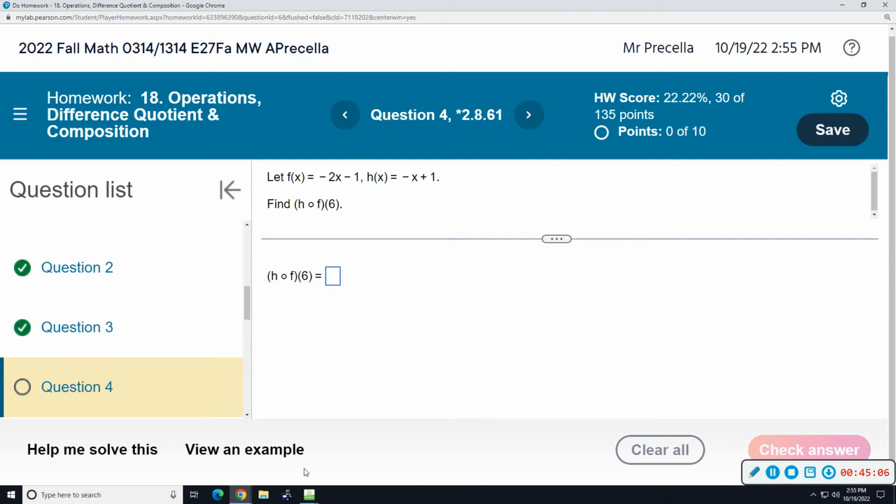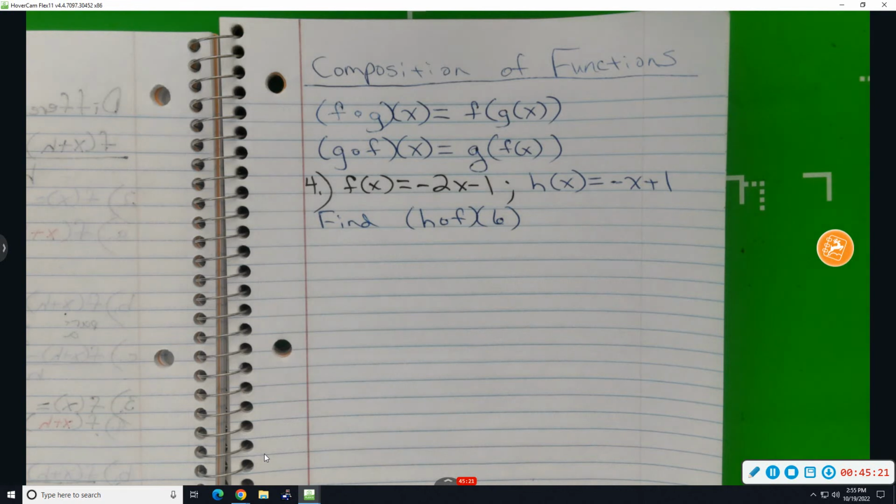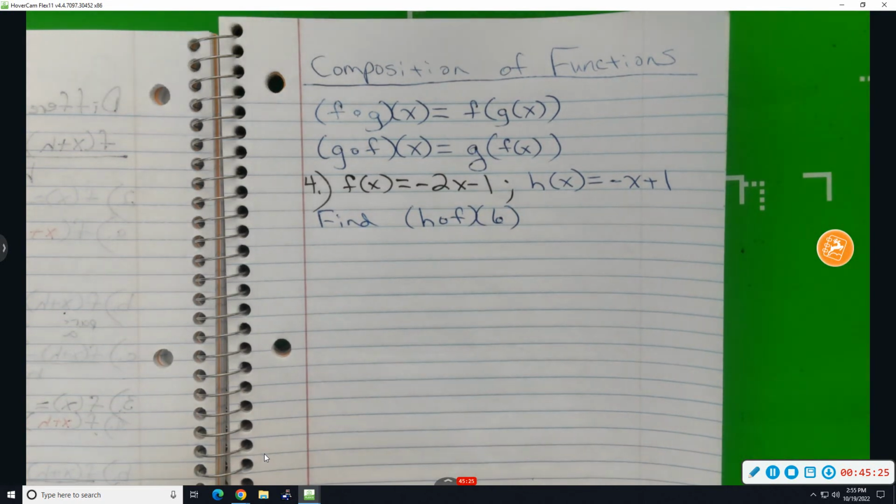They want us to find h composed with f of 6. Let me move over to my paper now. I'll switch over to my paper. We already know how to use function notation.